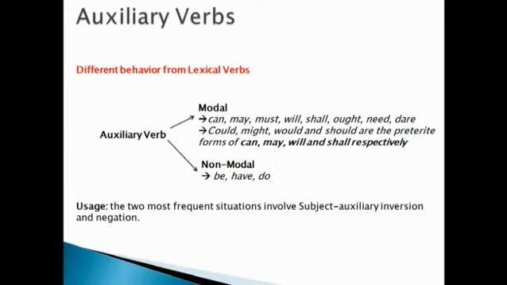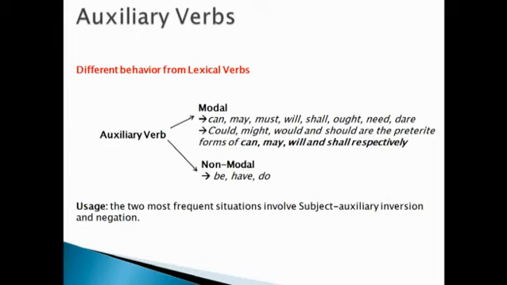If you know what an auxiliary verb is and what its function in a clause is, and you memorize the non-modal ones, all the others are the modals. So the non-modals are be, have, and do. The modals are can, may, must, will, shall, ought to, need, dare, could, might, would, should, which are the preterite of can, may, will, and shall, respectively.